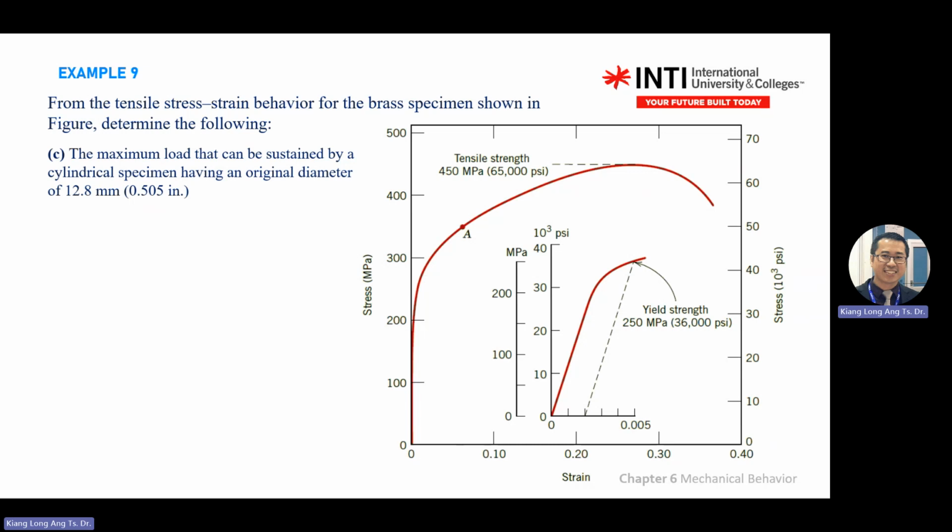Here, basically, it asks you to calculate the area and then write Hooke's law: stress equals E times strain, stress F divided by A equals the Young's modulus that you just found, 100 gigapascal.